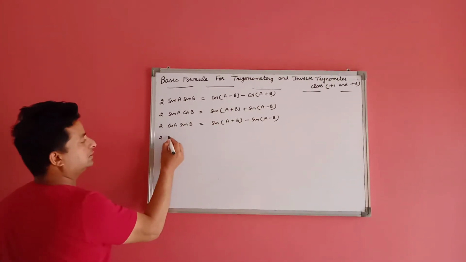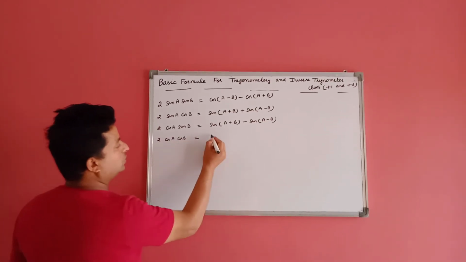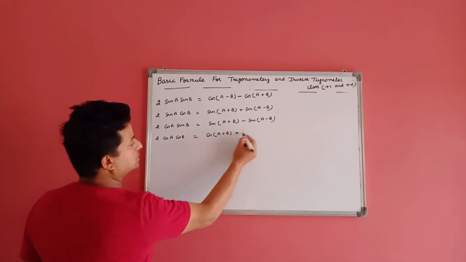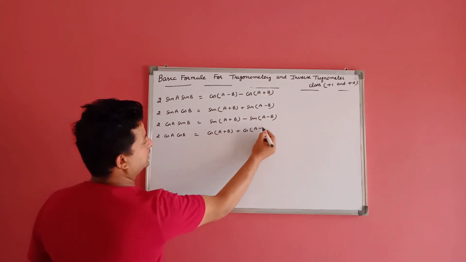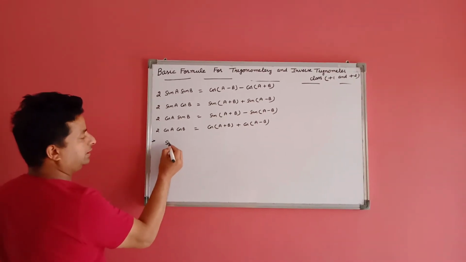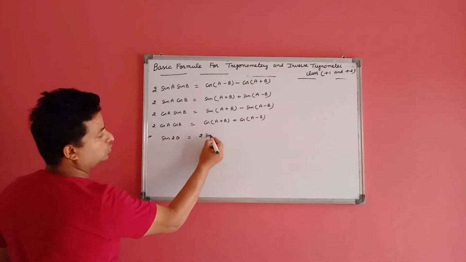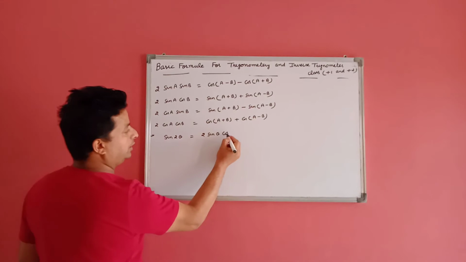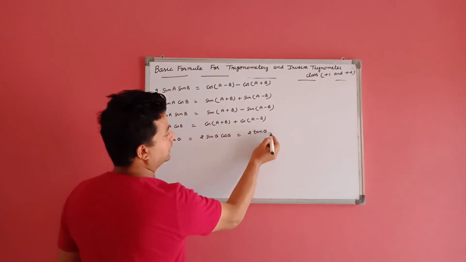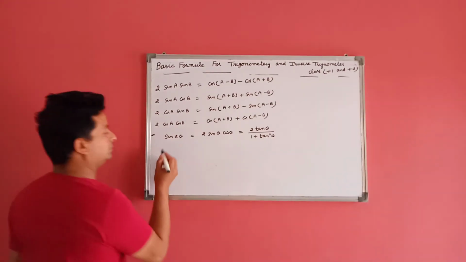In the next, 2 cos A cos B, which is equal to cos(A+B) plus cos(A-B). In next formula we have sin 2 theta, which is equal to 2 sin theta cos theta, which equals 2 tan theta over 1 plus tan square theta.